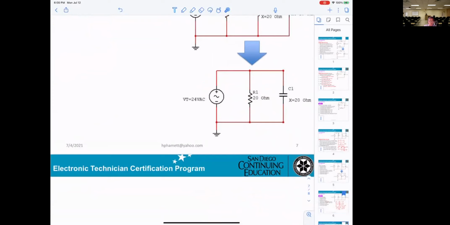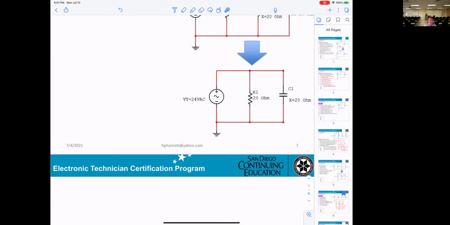After you get the total current, you can calculate the total impedance. Take the total voltage, divide by your total current. And if you want to calculate the phase angle, go back to RC parallel and look into that formula. Then you can see how you calculate it.